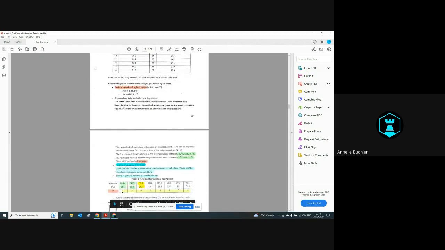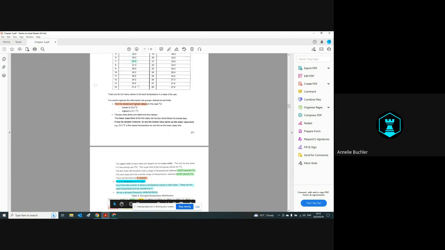So there you can see it's 1, 2, 3, 4, 5, 6, 7, 8. Then you can count how many times the temperature occurred in this table, okay?